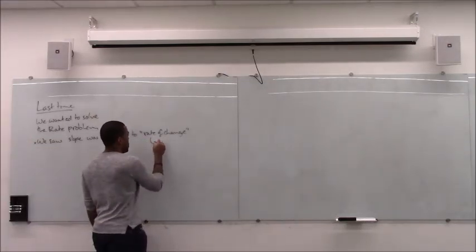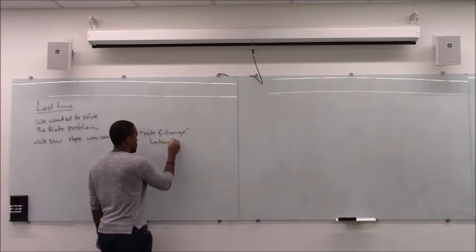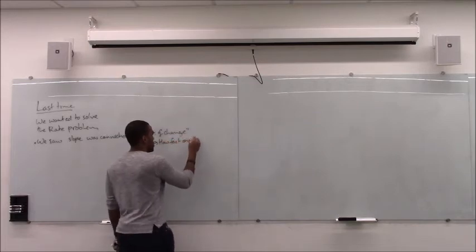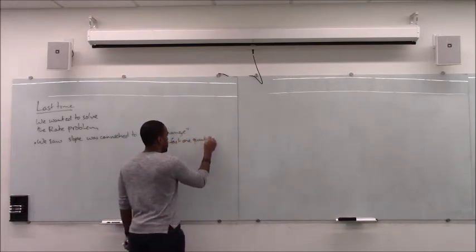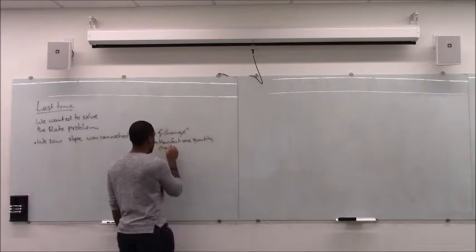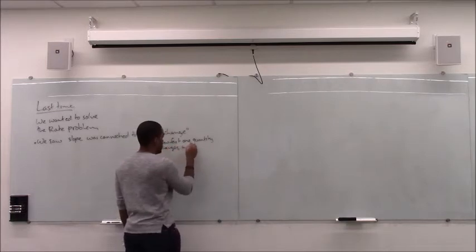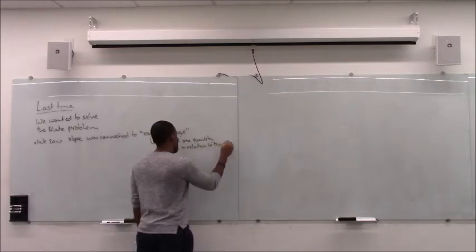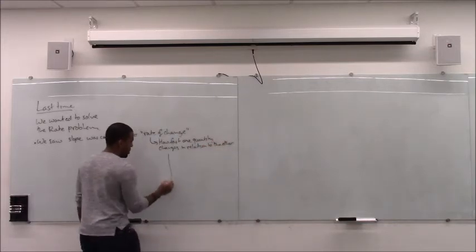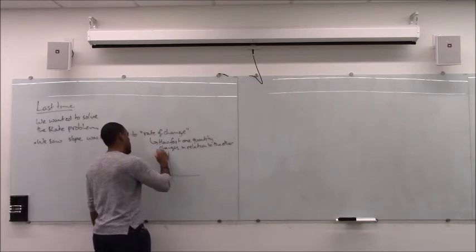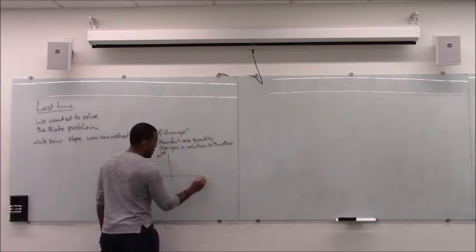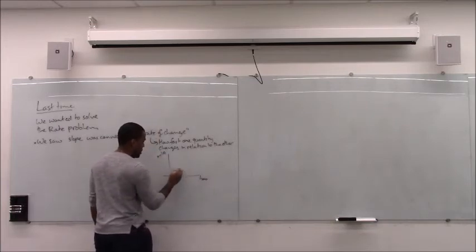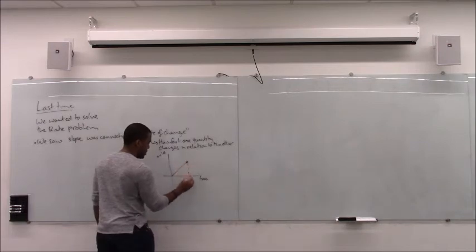This basically is how fast one quantity changes in relation to the other. And we had that example where we were measuring distance in miles and time in hours, and it looked like this.